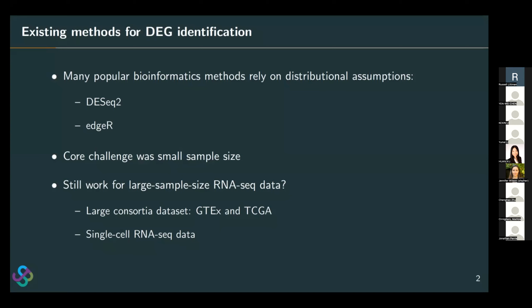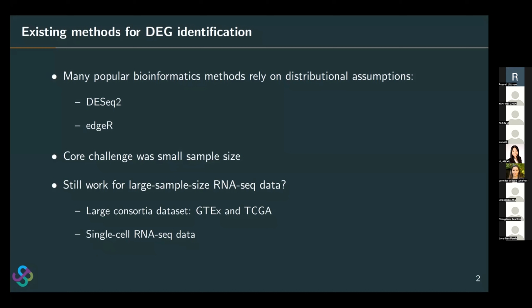For example, among all the DE gene identification tools, DESeq2 and edgeR are the two most popular ones, and they both assume that the read count values follow a negative binomial distribution. Such distributional assumptions make it possible to calculate a p-value from a small sample size.